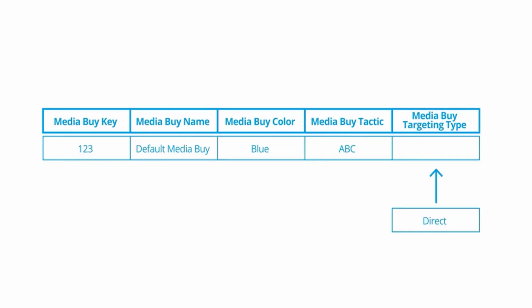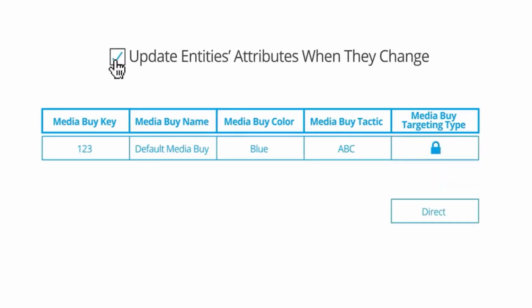When your media buy targeting type is blank, it will always be a default. It won't allow you to update any data anymore unless you do something. So yes, the hierarchy is logged. You cannot update it in there.